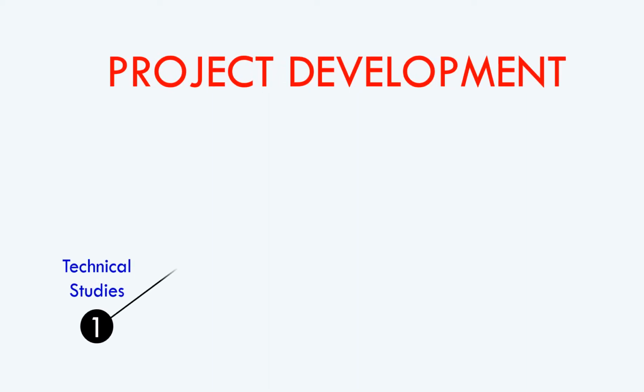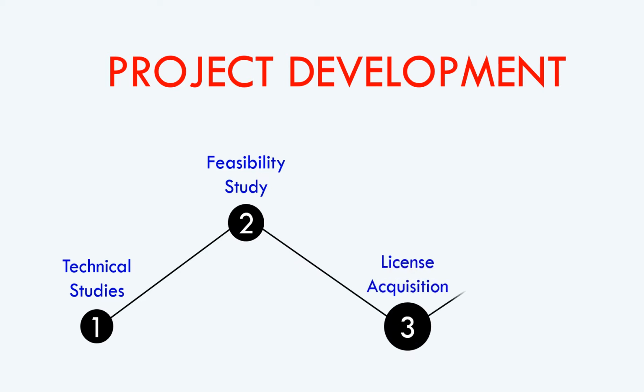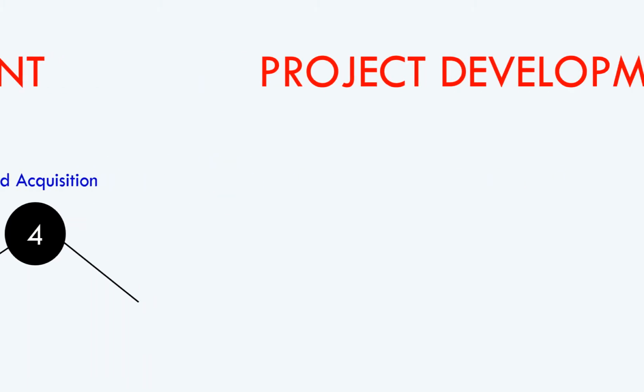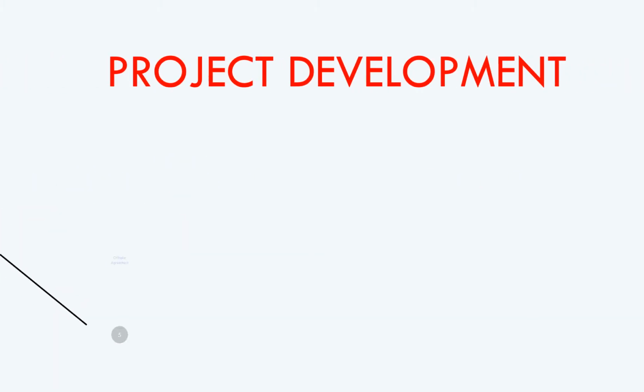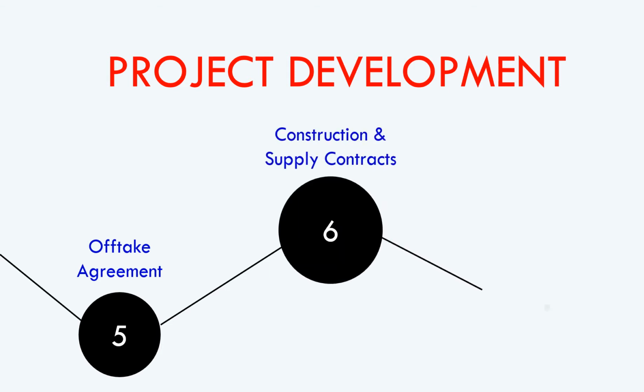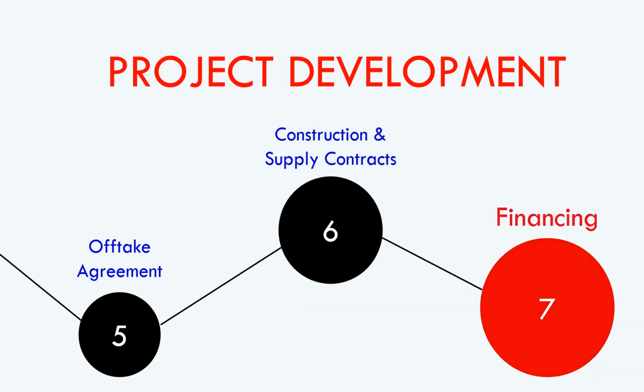They carry out necessary technical and economic studies, they get the permits, and acquire the land where the project will be built. After that, they have to conclude the necessary contracts, such as off-take agreements and construction contracts. When all the studies and permits and contracts have been concluded, the project reaches a financing stage.